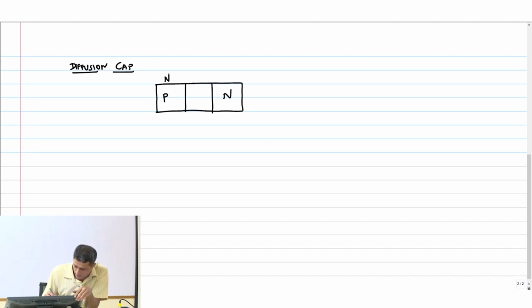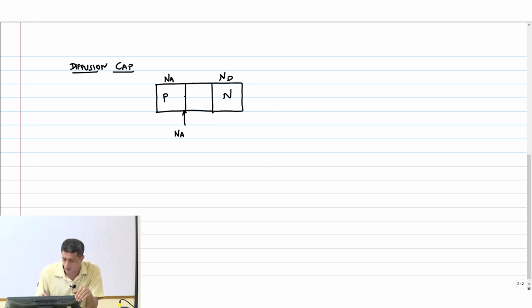The concentration is Na here of the acceptor impurities, donors concentration is Nd, right. Then just to refresh your memory, what is the hole concentration at this edge here? Na, right. So this is Na.